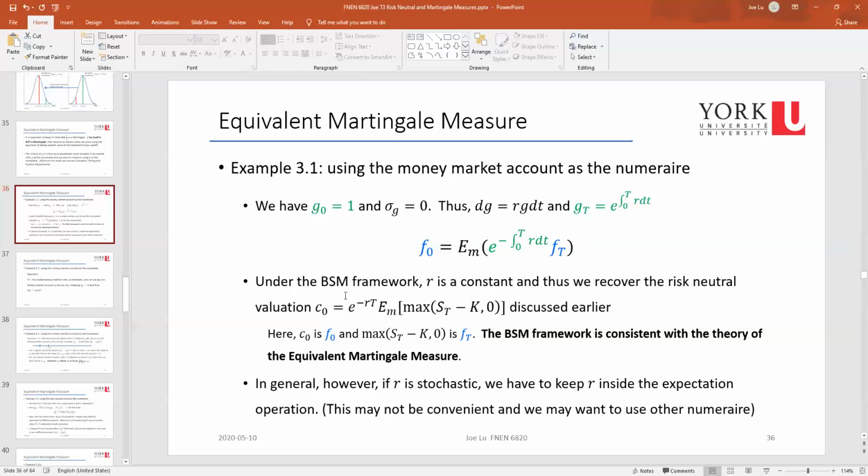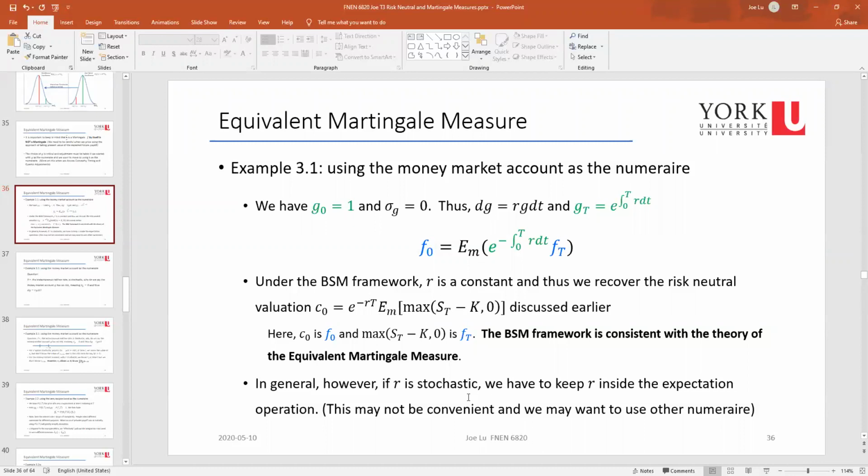Then F0 is the call price at time 0, and Ft is the call value, or the payoff, at maturity T, which is given by this max function here.